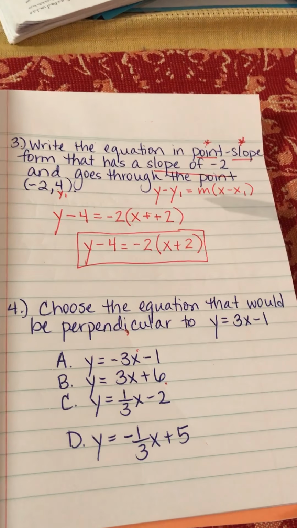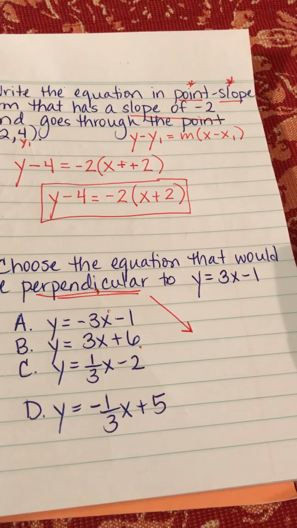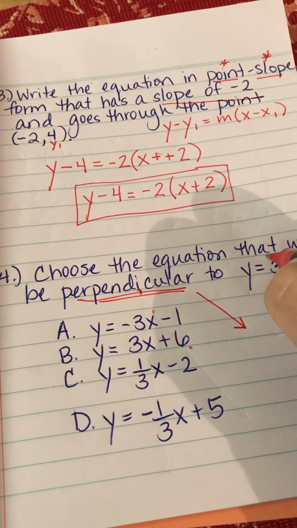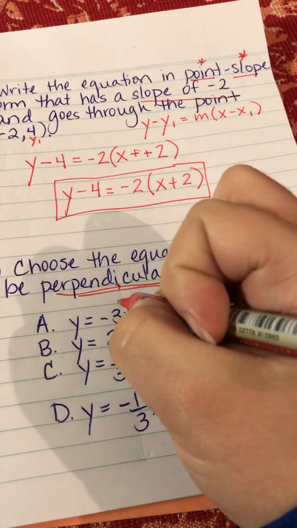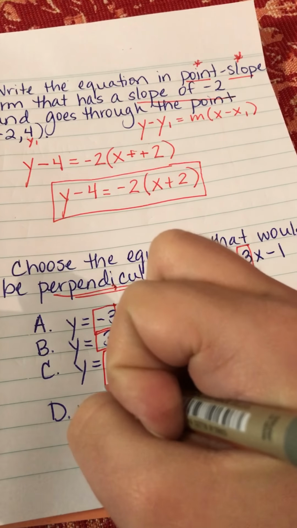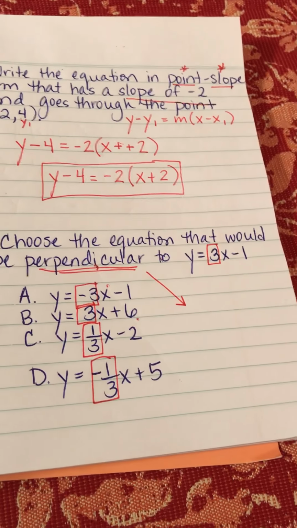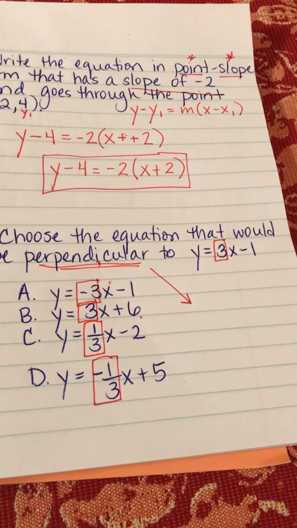Okay, last one. Choose the equation that would be perpendicular. So perpendicular, we remember, is two lines that have slopes. So really, we're only looking at the slope when we want to find perpendicular. We don't really care about the y-intercept so much. So I'm looking at all of these slopes. And when it's perpendicular, I want opposite.